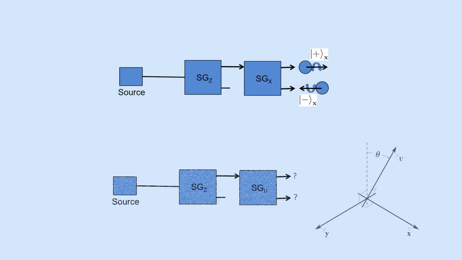Now, the natural question at this point is, what happens if in the second measurement, instead of choosing the x-axis perpendicular to z, we opted for some other axis in between the two, say at 45 degrees instead of 90?